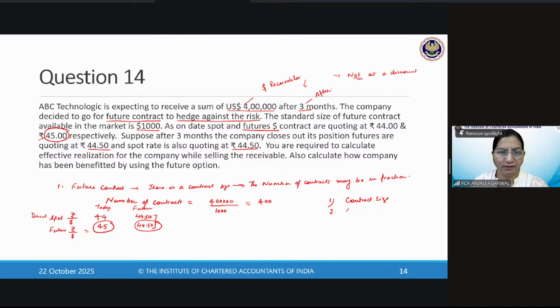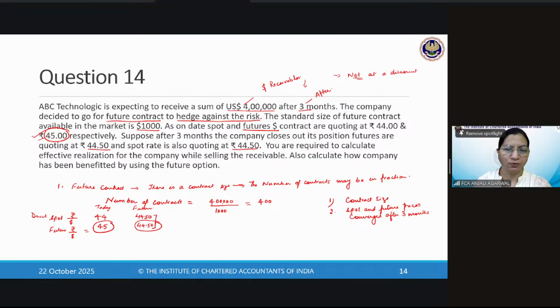And secondly, the spot and future prices converged exactly after 3 months. There was no basis difference. That's why you have been exactly able to fix the 45 rupee rate. Generally, in futures, it does not happen.